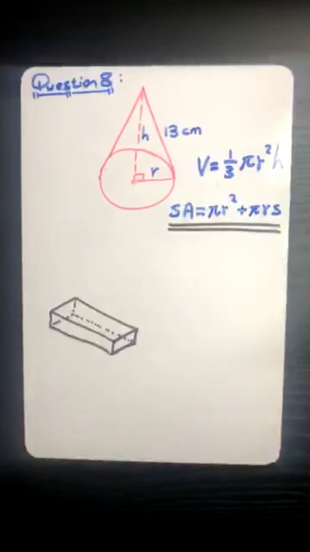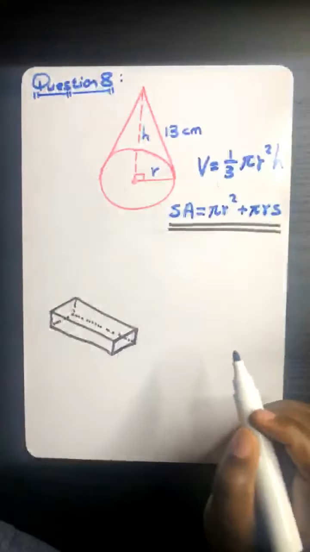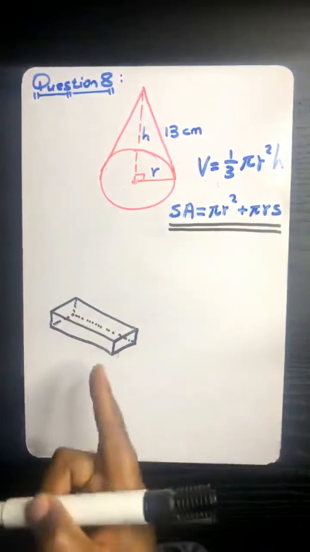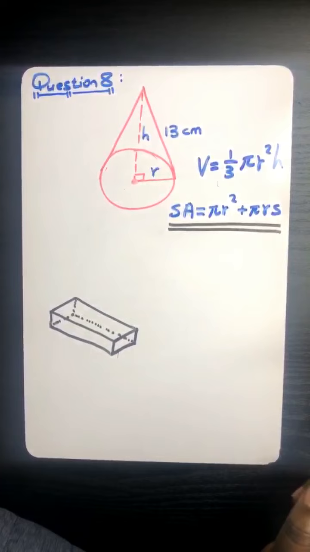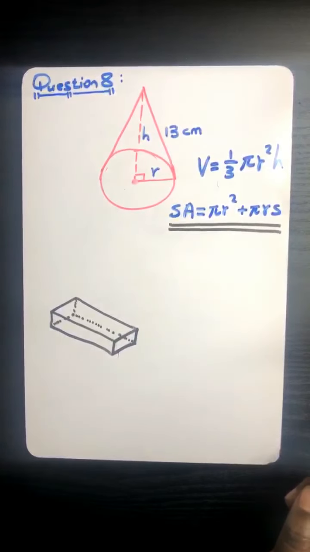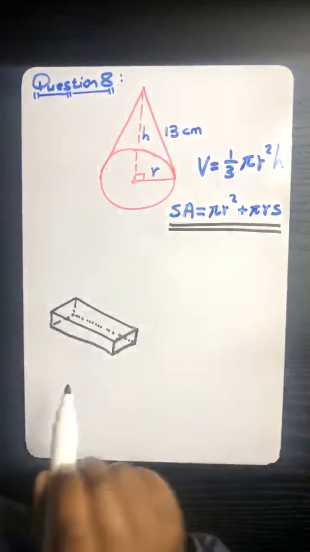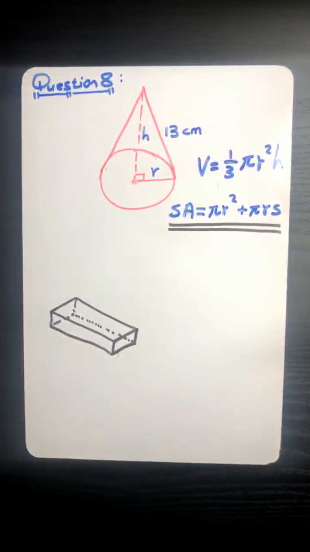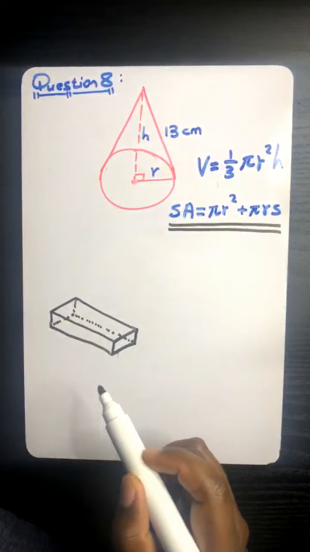Ladies and gentlemen, let's see. It might be tricky, this one. Okay, how many sides do we have there? 6 sides. 1, 2, 3, 4, 5, 6.